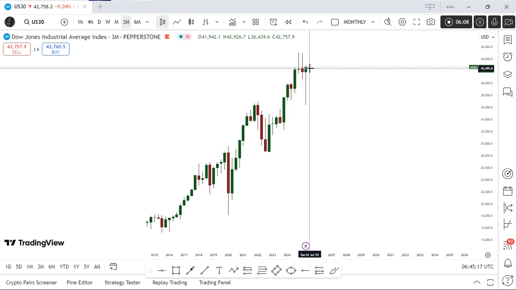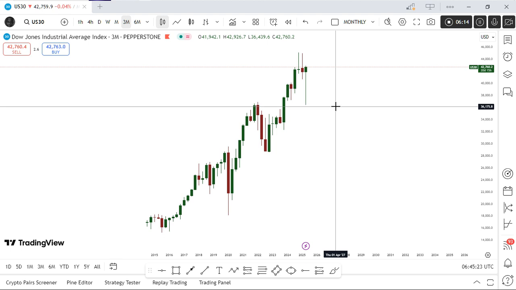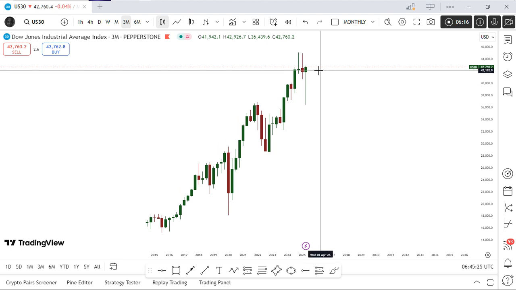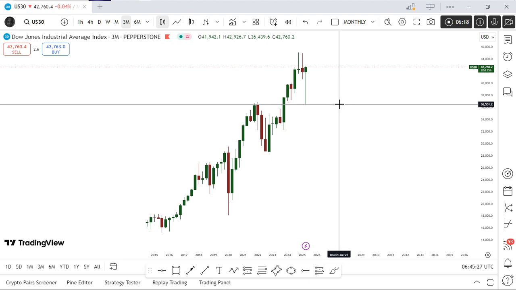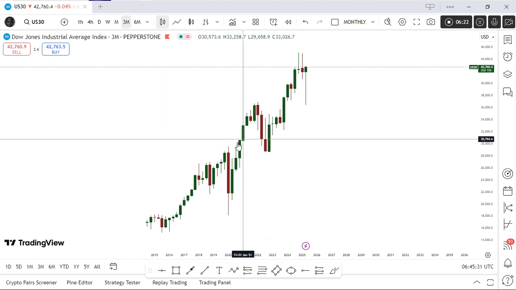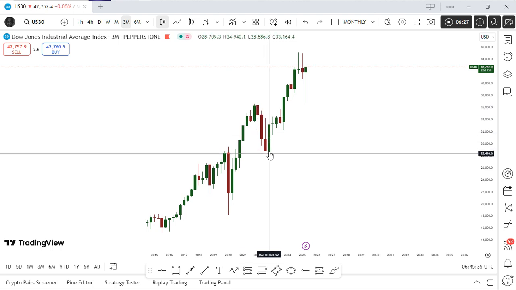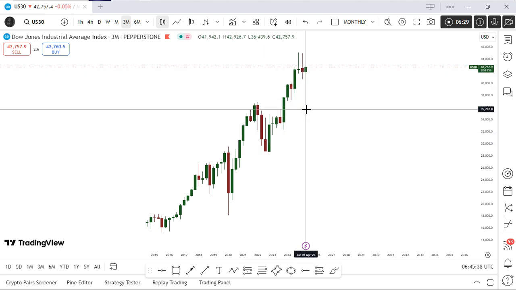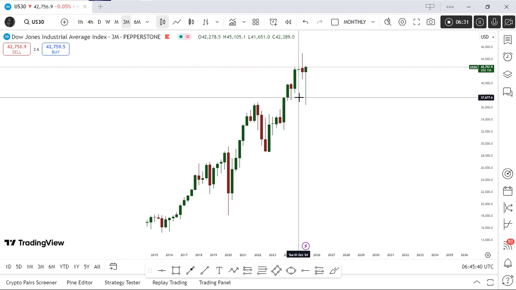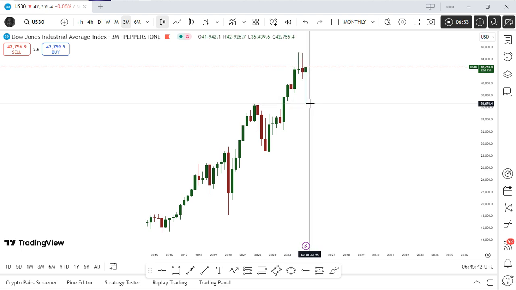Now that we have formed a higher high, we all know, Egon Trader Stock, that the next thing that we are about to see and that should likely happen is to have a lower low, right? A low, a high, a higher low, higher high. There was a higher low here, right?